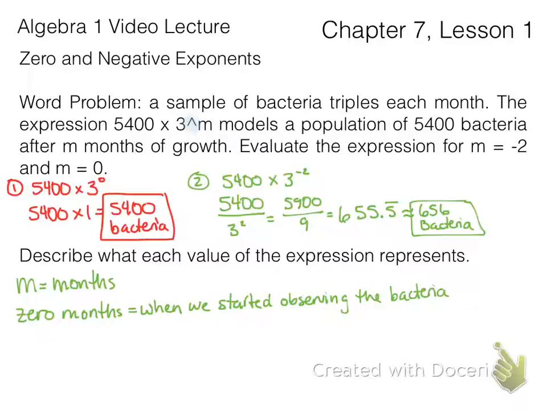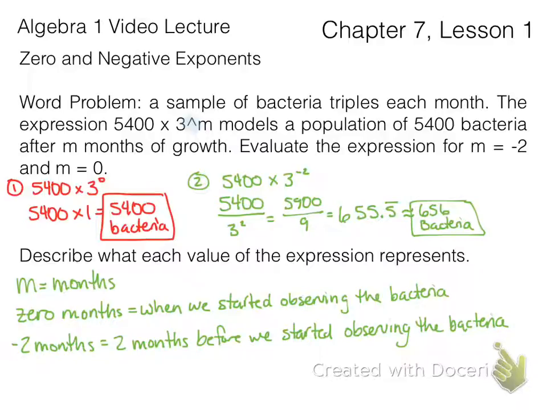They send you a little vial, and inside that vial is some nutrients and some bacteria. So on month 0 is actually when you might have received your bacteria. So at month 0, it could be the 5,400 bacteria that they're going to send you from wherever you bought your bacteria from. -2 months is before you even received your bacteria.